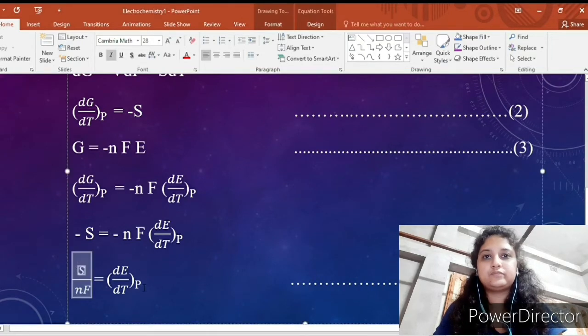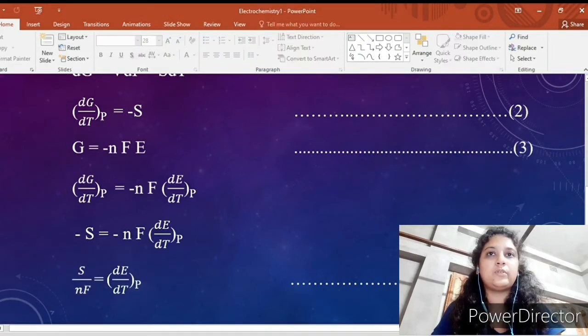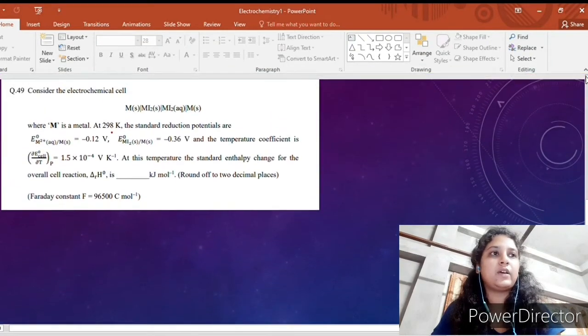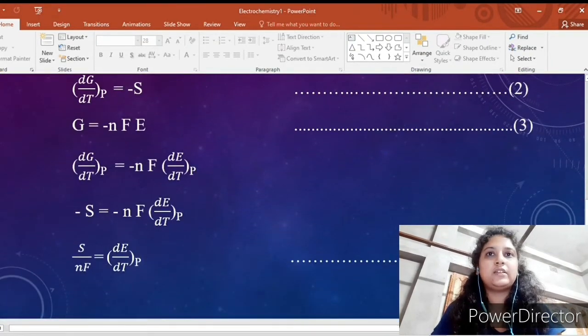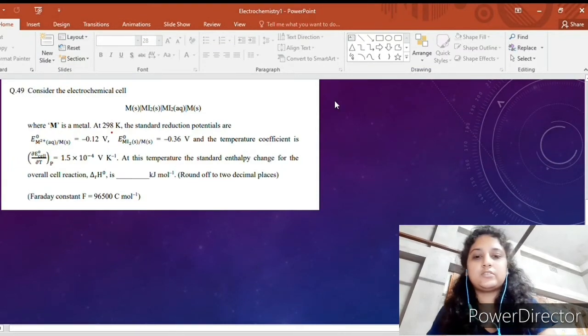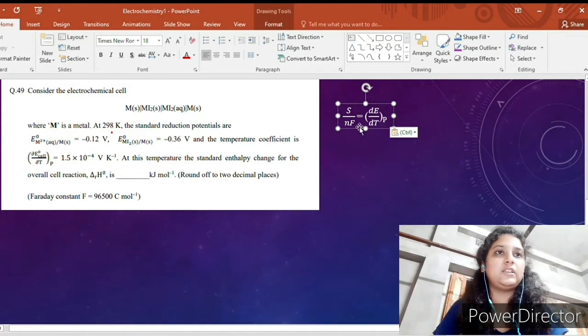Another equation is G is equal to minus nFE. These equations are available for us to solve this question. First of all, S by nF is equal to (del E/del T) at constant P.